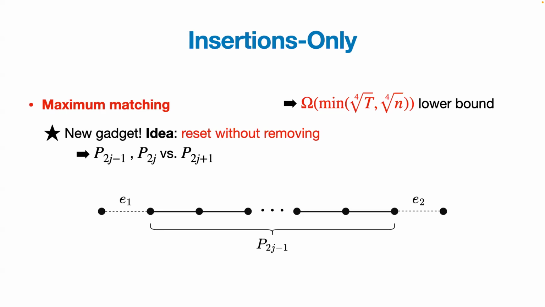The nice thing about this gadget is that, imagine that we have this gadget for j and we want to get to the gadget for j plus 1. We can only insert this edge E2 if it wasn't already inserted. Insert one more edge right here, and then put one potential edge for the E2 of the next gadget.